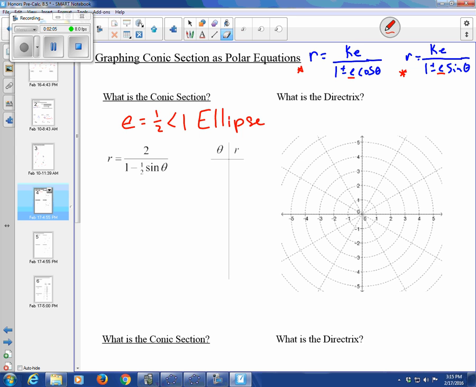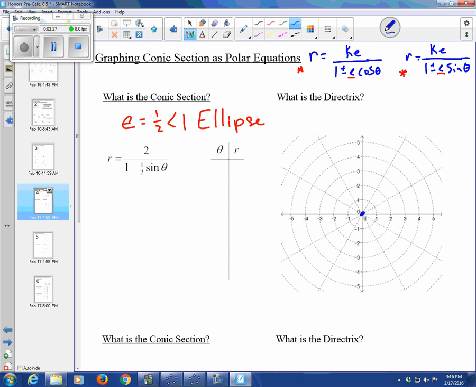So if we want to define the directrix that corresponds to our focus on the origin, we can see that the length from the focus to its corresponding directrix is k, as one of our two multiples in the numerator.